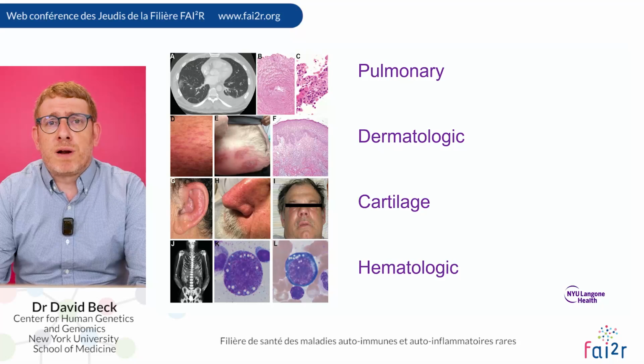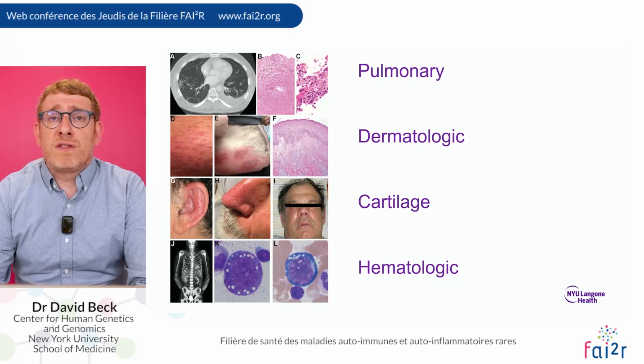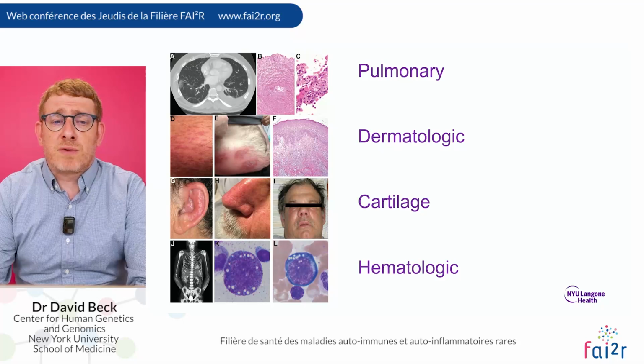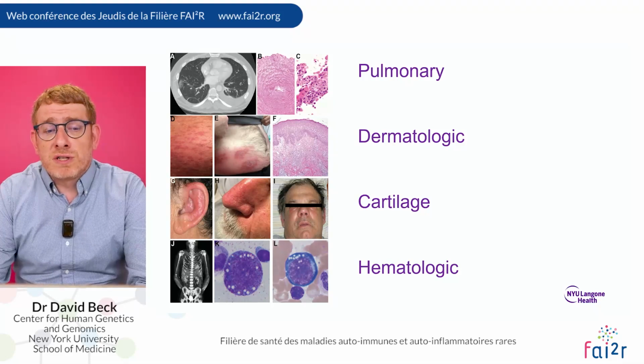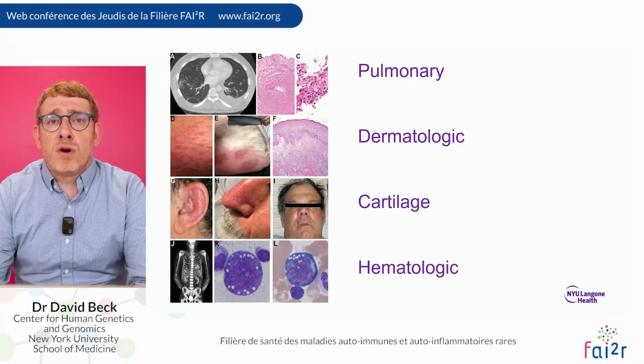Shown on the top are the pulmonary manifestations, pulmonary effusion, ground glass opacity shown on the CAT scan. In the middle panel in the top row, we have the alveolitis, the median vessel vasculitis, and then the alveolitis. In the second row, we have the dermatologic, the skin findings and disease, so Sweet syndrome, injection site reactions, the neutrophilic dermatoses that you see in the histology in F. Inflammation of the cartilage in the third row, ear, nose, and also this periorbital edema.